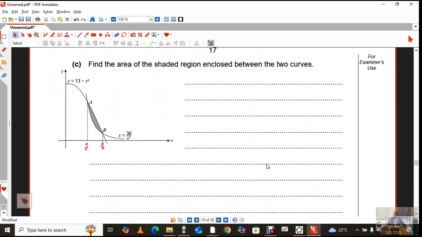So there are many ways you can do it, but as you can see, the curve y equals 13 minus x squared is on top. So I am going to apply the concept of integration.